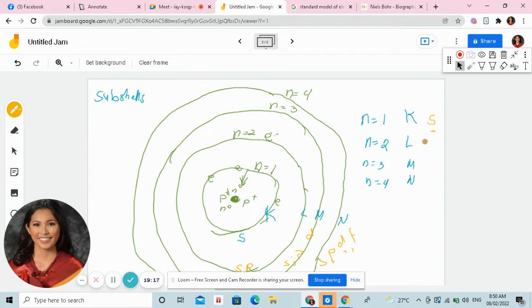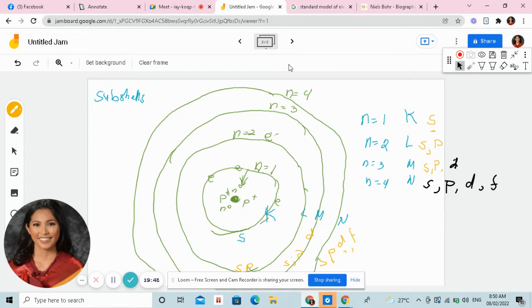Which are S and P. Now, third shell, which are S, P, and D. N has 4 subshells. Okay.